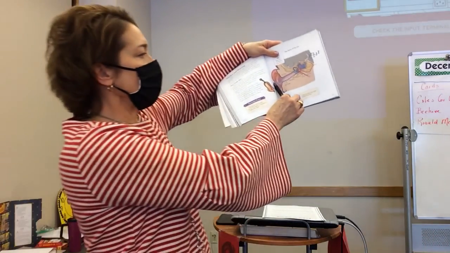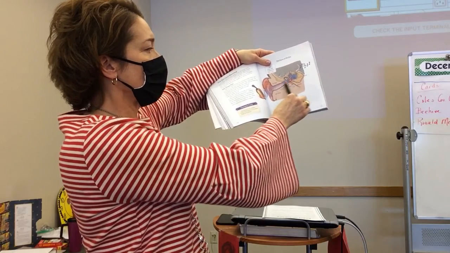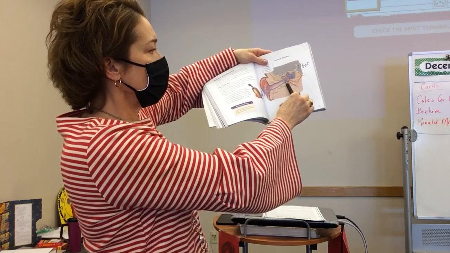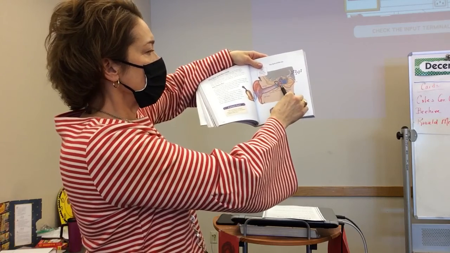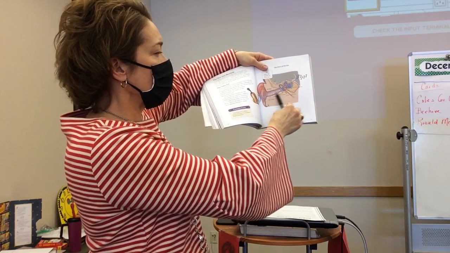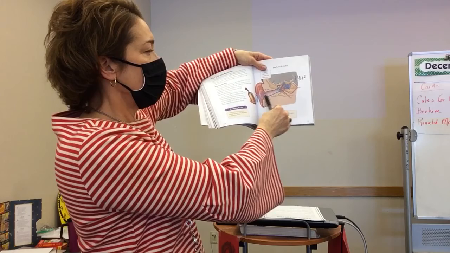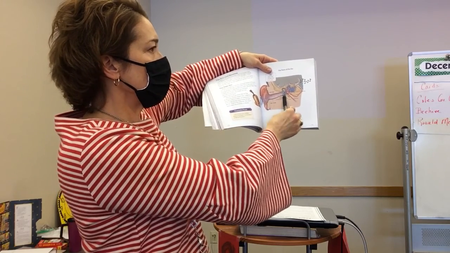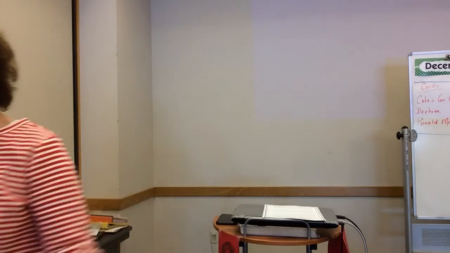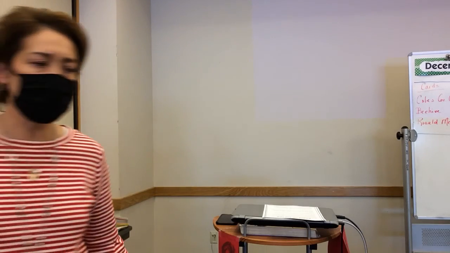This tube, as you can see, the sound waves are going through. Here is the pinna, here is the eardrum, and here is your canal, the ear canal. That long tube is what the waves travel through to get to the middle ear.